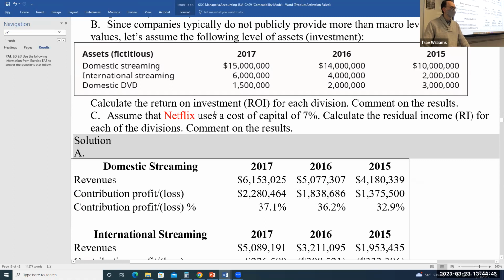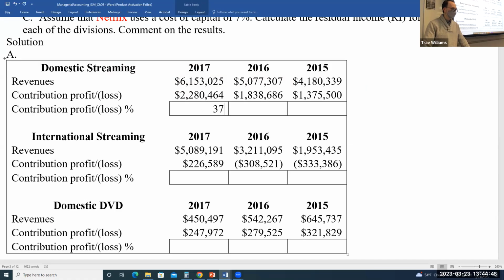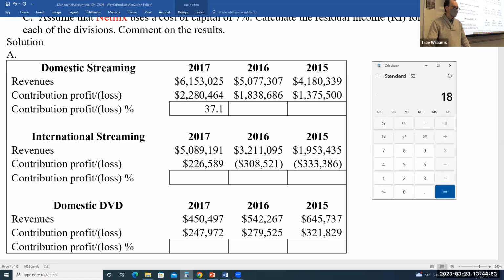Okay, 1 place past the decimal point. Again, we're taking the profit for each division for each year, dividing it by the revenues.